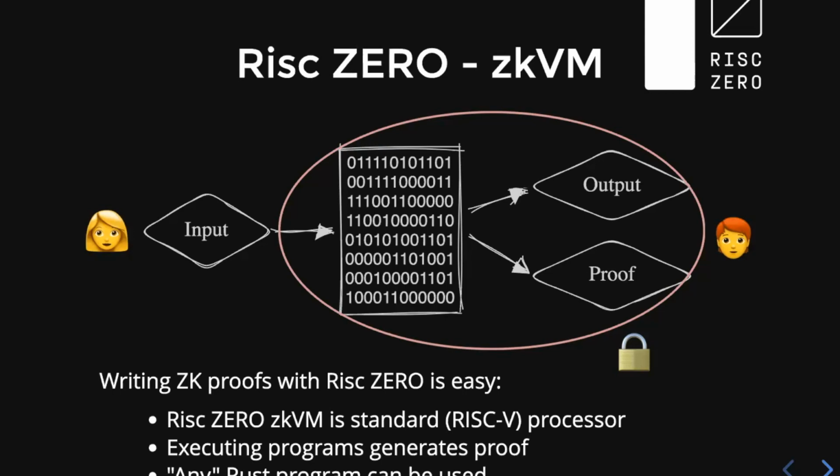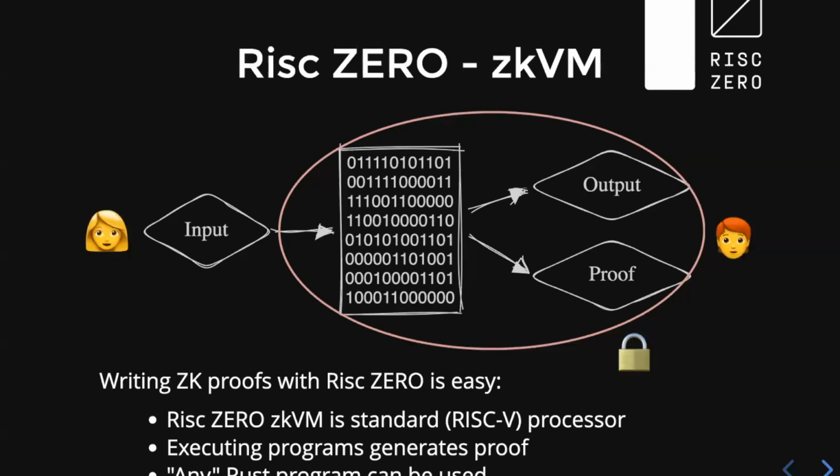The RISC Zero virtual machine is just a standard processor, a virtualized processor. And any program that gets run on this processor also generates this nice proof that we talked about earlier. And as a developer or as a user, you don't have to worry about this.